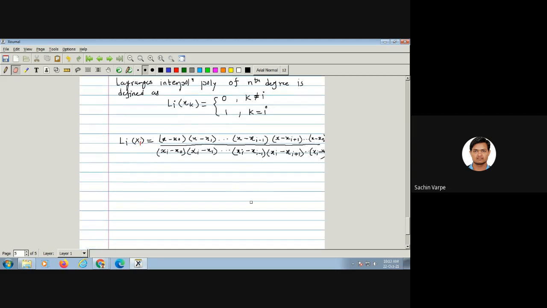For example, in particular, if we want to define L1 of x, then L1 of x will be a polynomial x minus x0, x minus x1 will be excluded there, so x minus x2, x minus x3, and so on, x minus xn, upon, wherever x is, we replace it by x1.